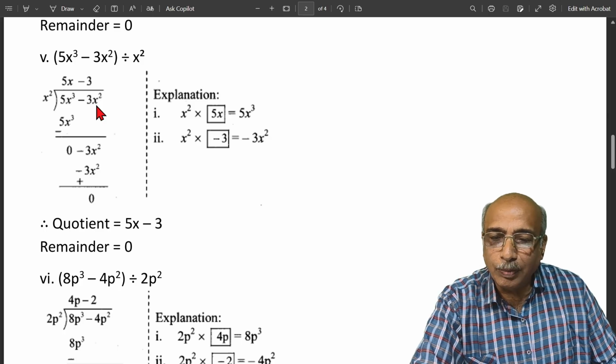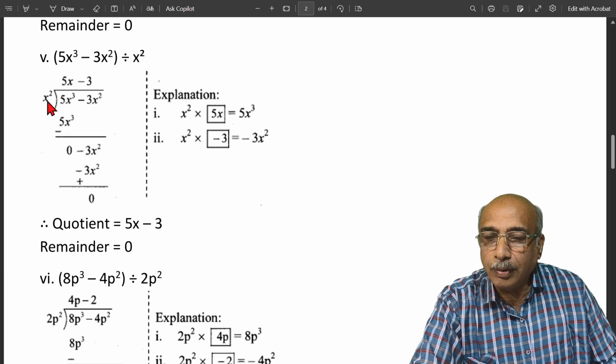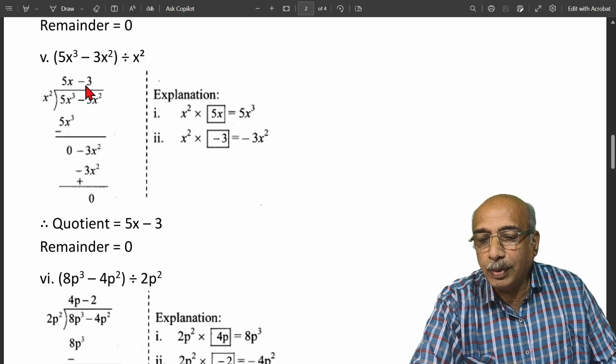Take the next term down, minus 3x square. Here divide by x square. So which term will go? Minus 3. Why minus 3? This terms must be the same sign. So here it is coming minus 3x square. So we'll take minus 3 into x square is minus 3x square.